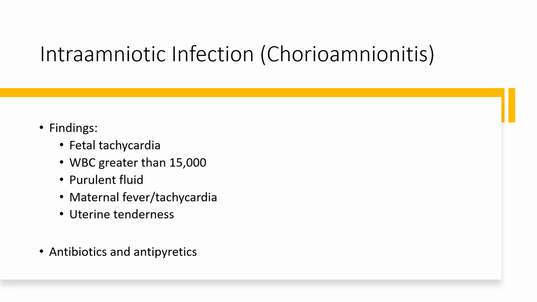So baby's already got tachycardia, but now let's watch, what does its variability do? Are we having recurrent decelerations? And if that starts occurring, then they're going to talk about doing a C-section just to get that baby out and stop exposing it to more infection.